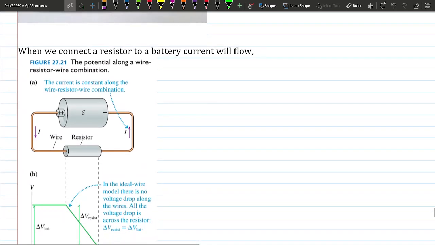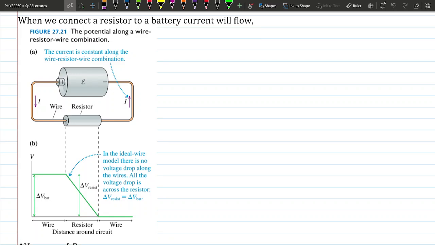Anyway, let's talk about our little current situation. Instead of connecting your battery to a capacitor, now we're going to connect it to this little resistor. If we connect a battery with some EMF, electromotive force, which is a voltage, not a force, with some EMF of E, and we connect it to some resistor, then inside the wire, in this class, we're just going to assume that the voltage drop along that wire is minuscule.